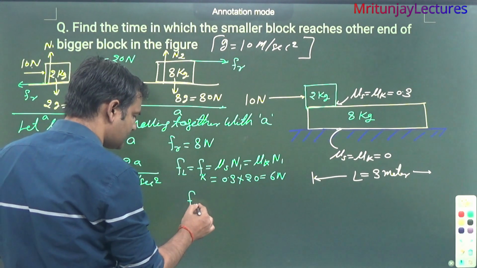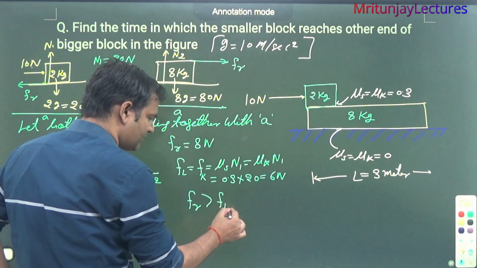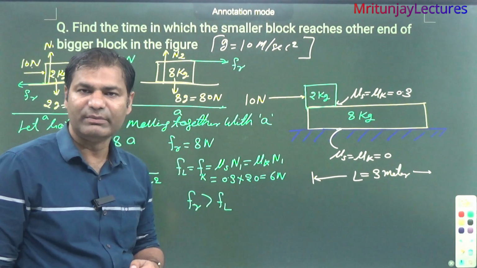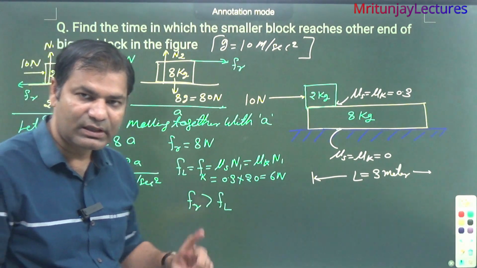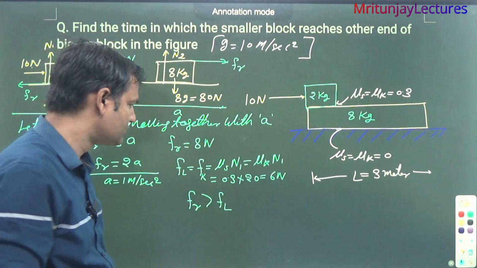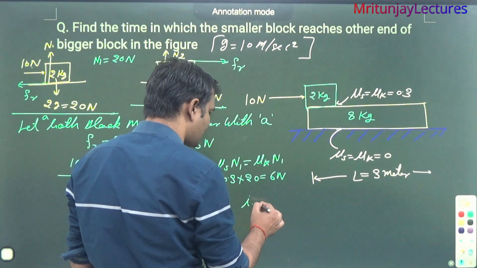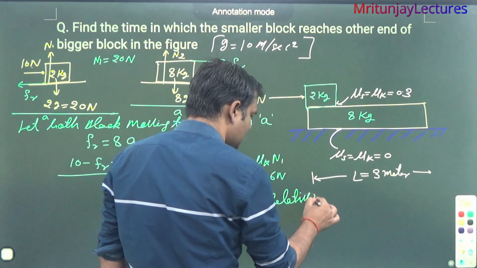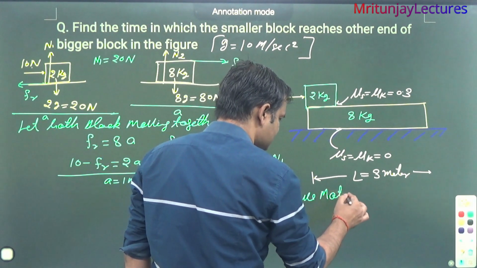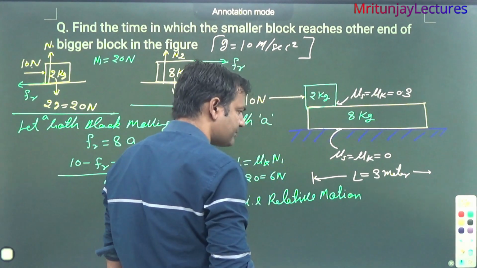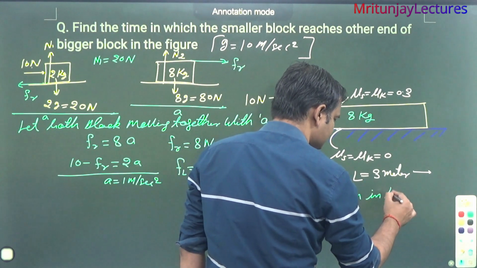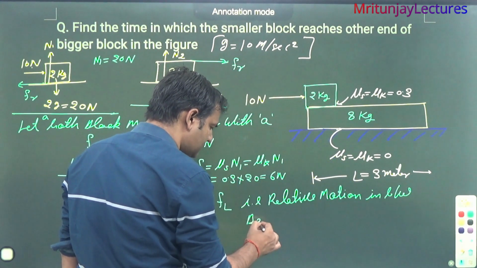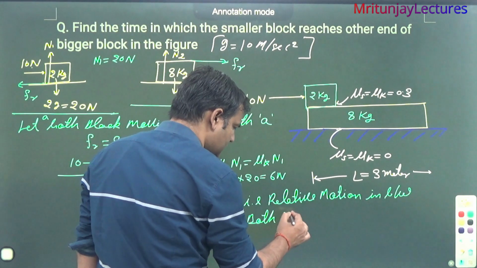If Fr is greater than the limiting value, look, Fr is greater than the limiting value, it means relative motion is possible. So that is relative motion in between both blocks.